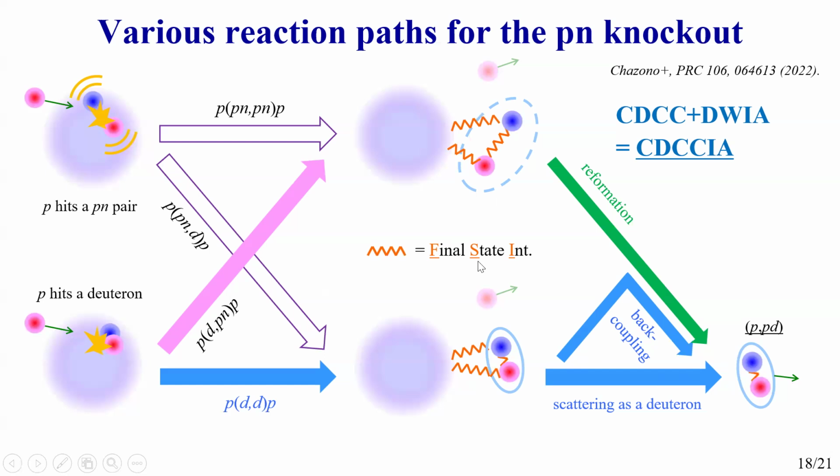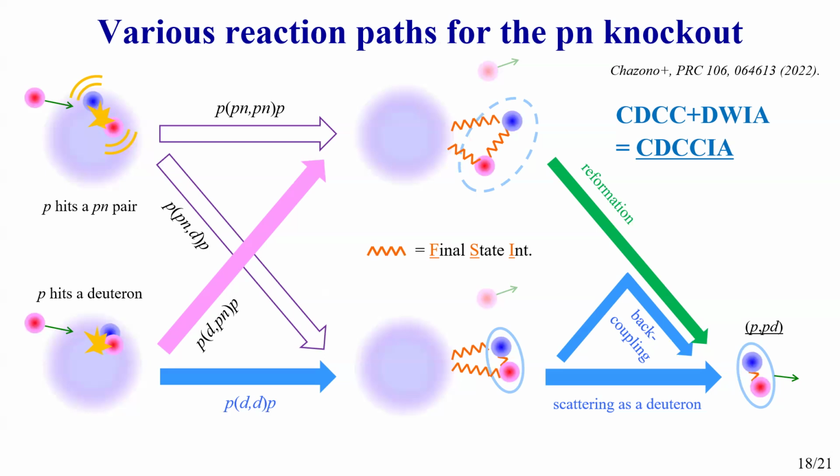So we should consider this reformation process in the final state due to the final state interaction. And also, this proton can hit deuteron and also PN pair. If this proton hits this PN pair, it can go to this PPD channel. So all of these things should be treated.